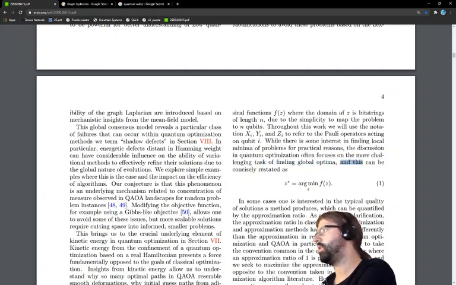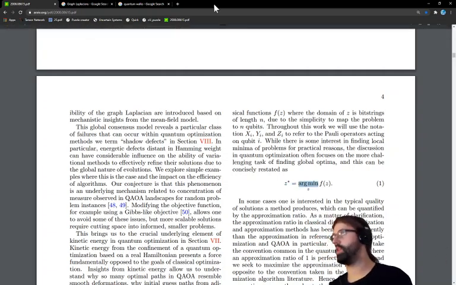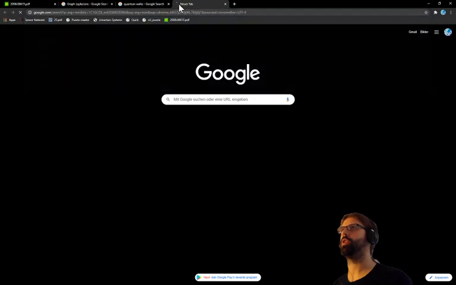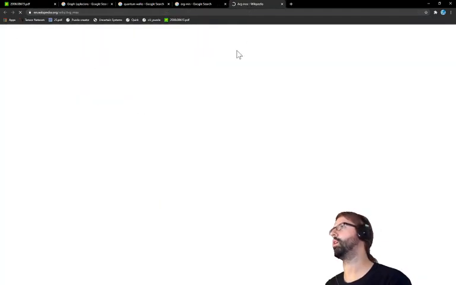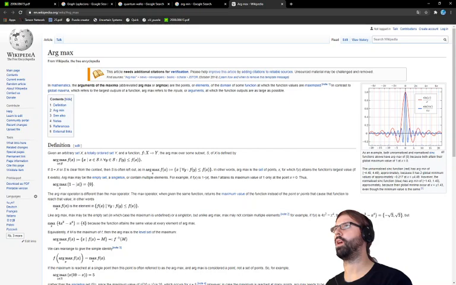And in this case, it can be concisely restated as z star is argmin. What is this actually? Is this official notation? What does argmin mean? Argmax, argmin. In mathematics, the arguments of the maxima, abbreviated argmax, are the points or elements of the domain of some function at which the function values are maximized.